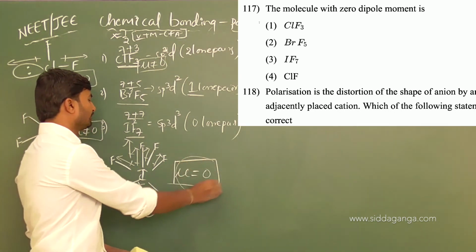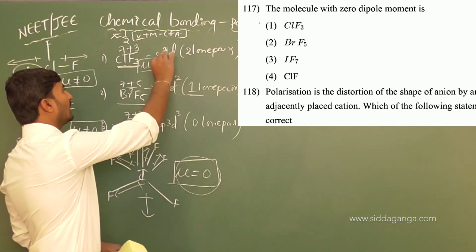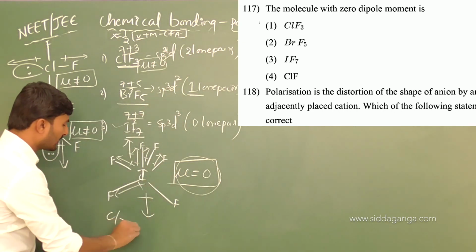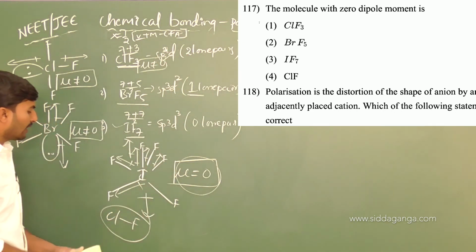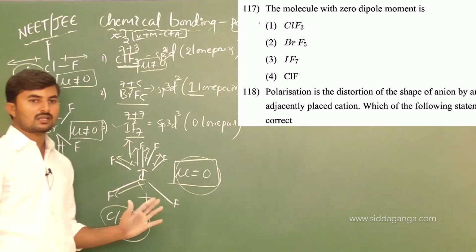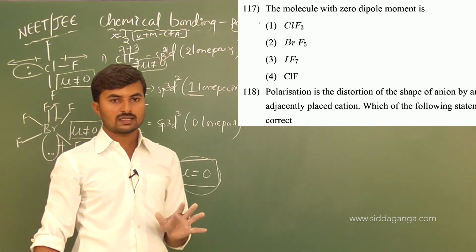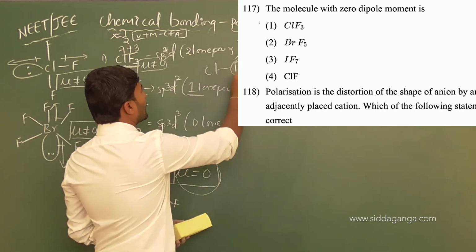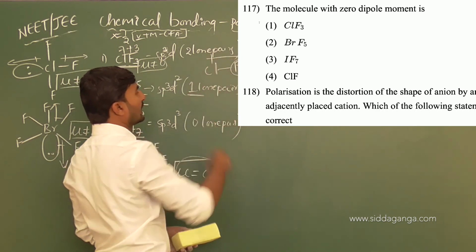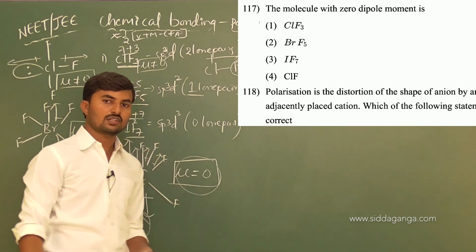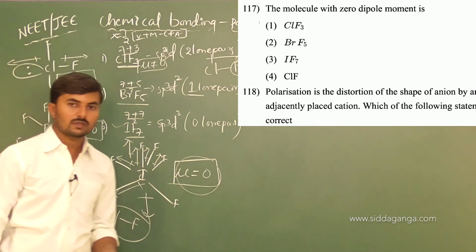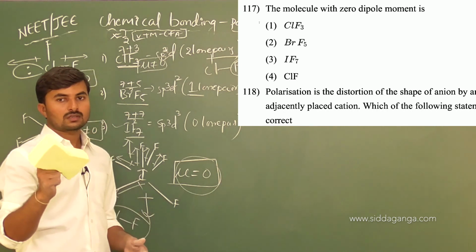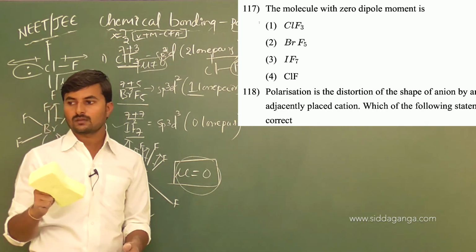IF7 molecule. These do not give 0, this does not give 0. What remains? ClF, in it the dipole moment is not 0, because electron density lies between the two, that is, the dipole moment is not equal to 0, in a single direction. In ClF, fluorine is most electronegative, so the dipole moves like this. That is why no cancellation takes place. Okay, which will be the right option here? Option 3 will be the right option.